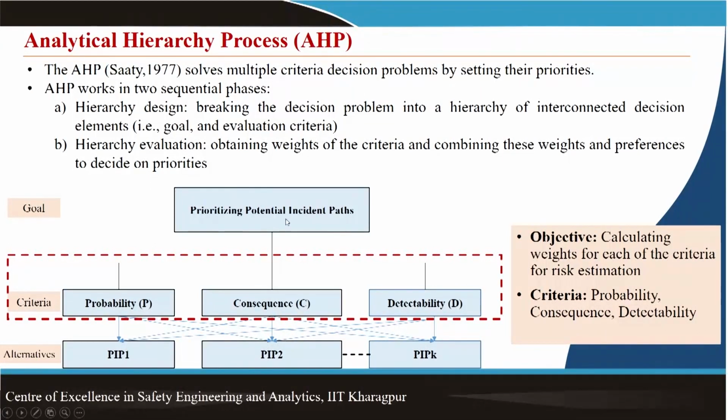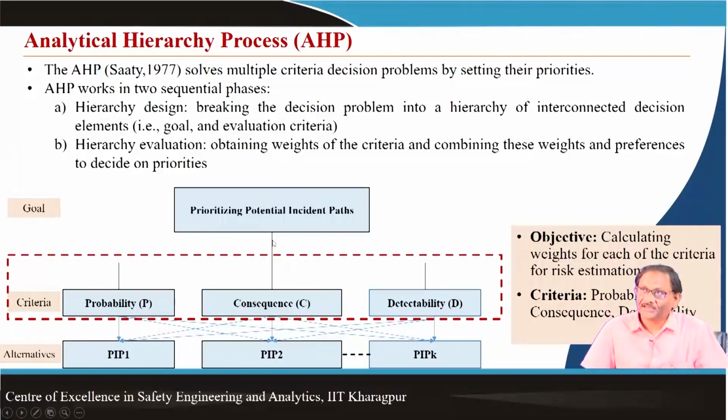If my goal is prioritizing different safety measures, then the alternatives will be different safety measures. If my goal is to choose among different safety barriers, and depending on the criteria you want to choose which barrier is most effective, then the alternatives are the different barriers.